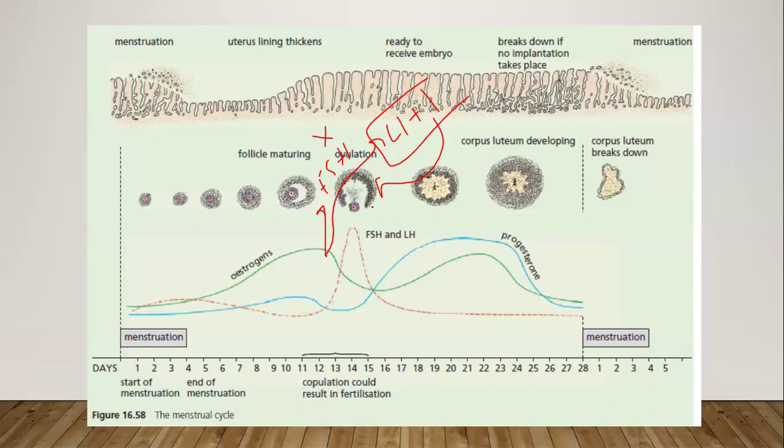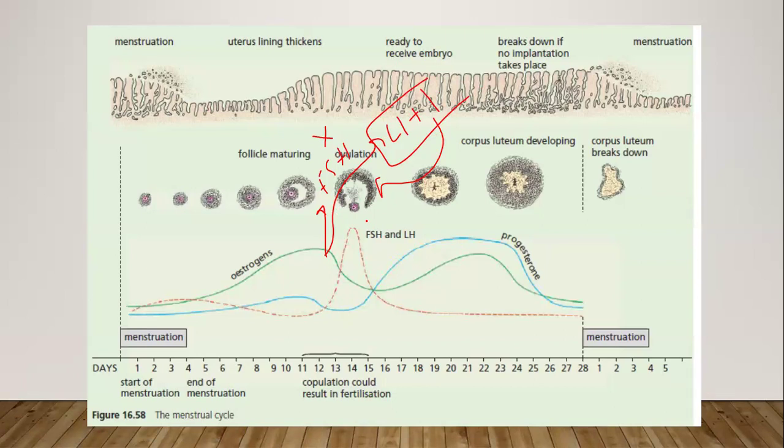Once the egg has been released, it's going to be found within the body for about 1 to 2 days normally. In fact, it's not even 1 to 2 days. It's around 24 hours mostly.